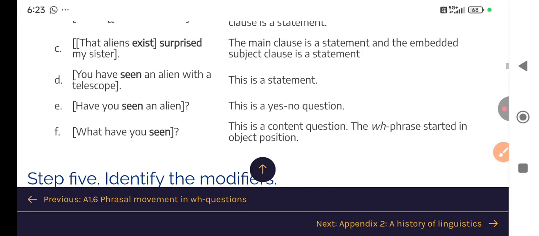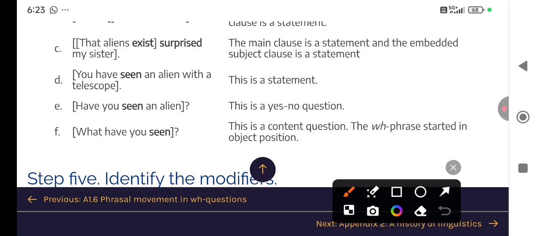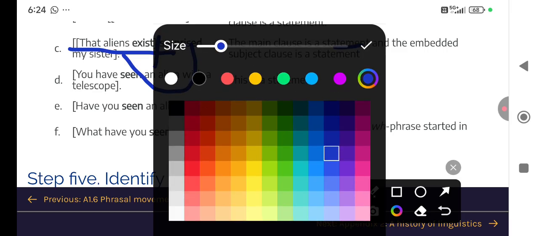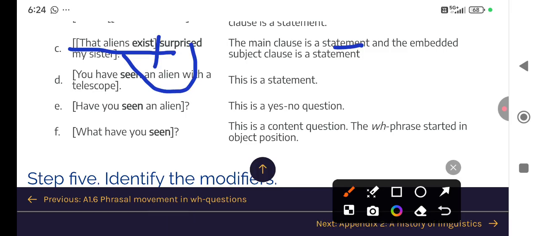Now, third, if we see C, that aliens exist surprised my sister. The main clause is a statement, and that aliens exist is a statement. This is the embedded subject clause. Again, we can analyze the sentence this way: that aliens exist should be in one breath, right?